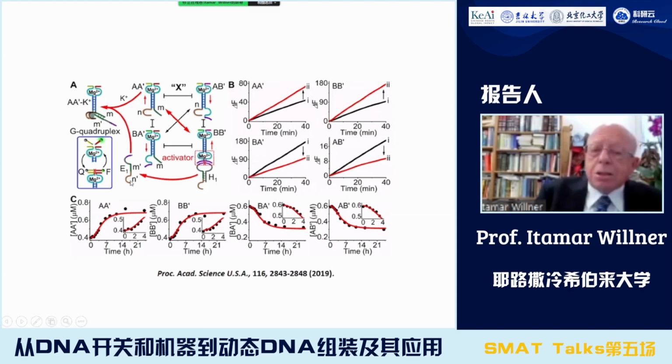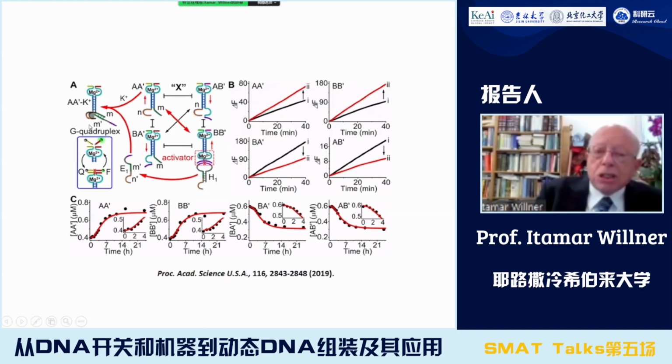We generate this strand. This strand is a subunit of a G quadruplex. Everything is pre-engineered in this network so that this subunit will react with these fragments of AA prime and form a G quadruplex here.